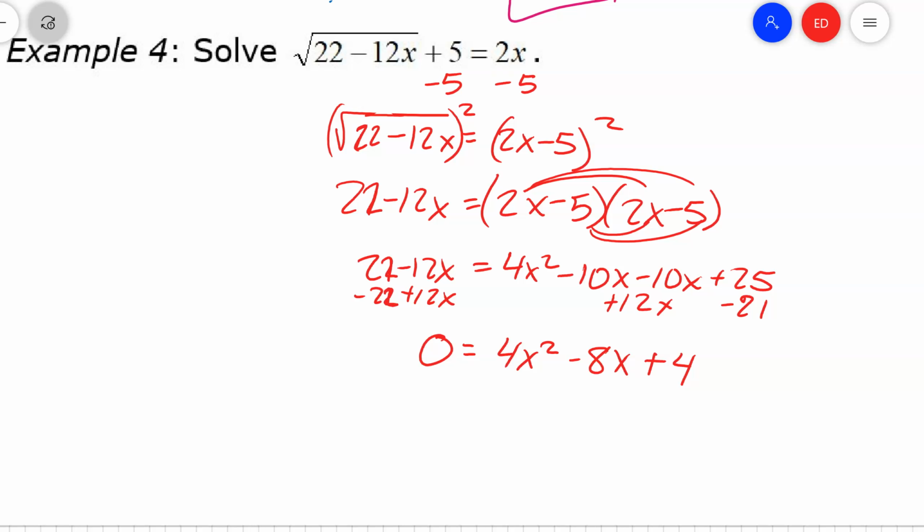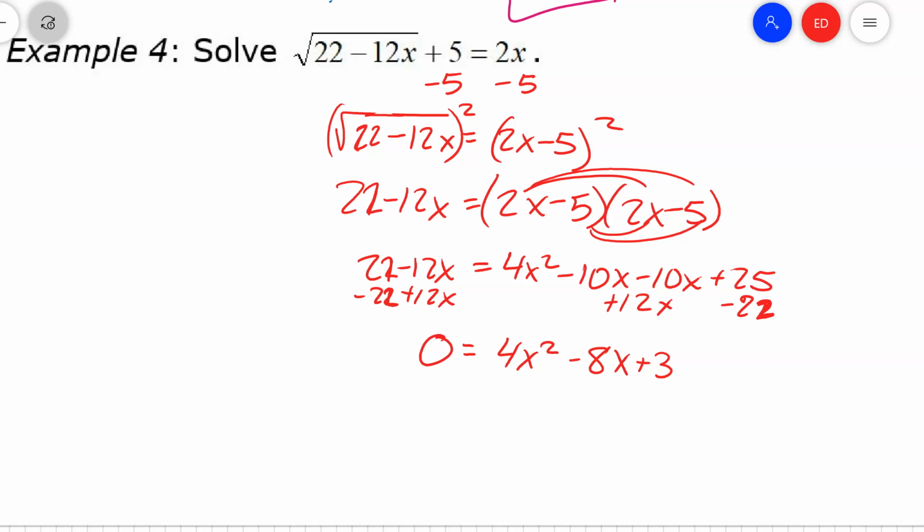Okay, this is supposed to be 22. We are going to subtract 22, so that's going to change our final constant, which is 3. And it's going to be a positive 3. So that should be the correction on that one. So it should be 4x squared minus 8x plus 3.